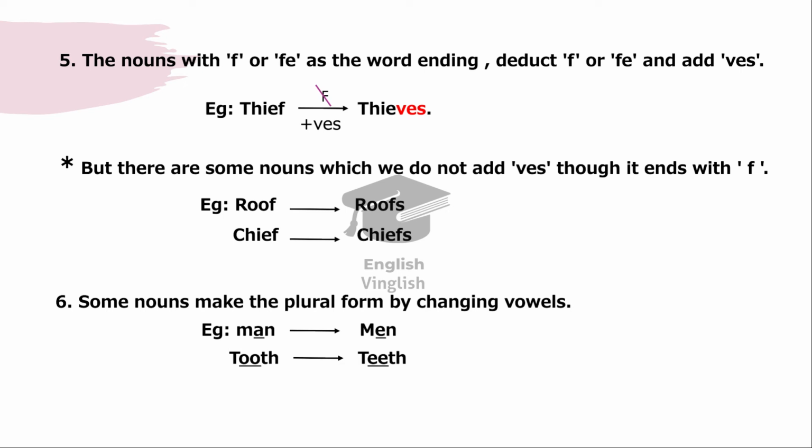The last letter is F. So, to make the plural form of thief, we can omit F and in that place we have to add VES. Loaf, loaves. Life, lives. Knife, knives, etc. But there are some nouns to which we do not add VES though they end with F.